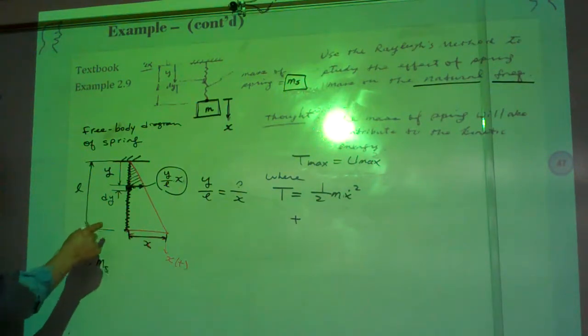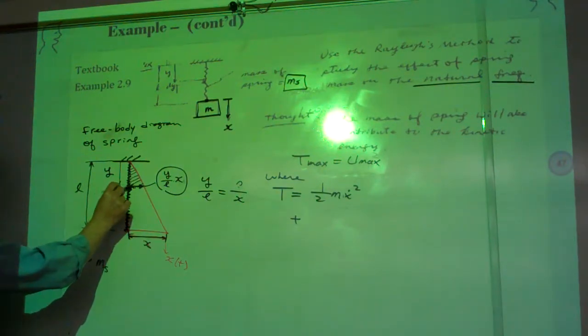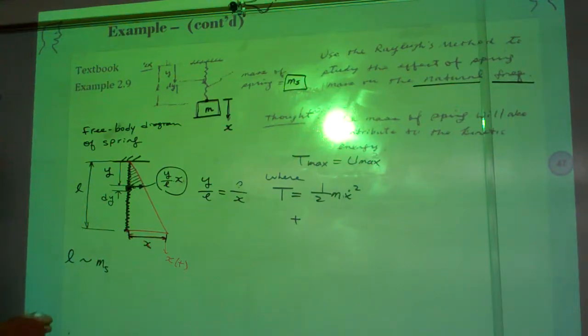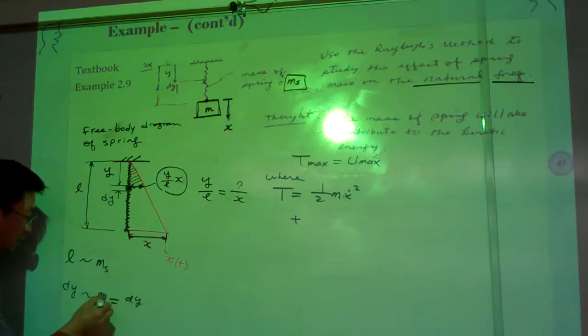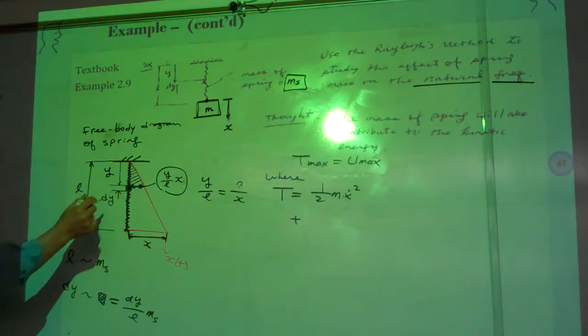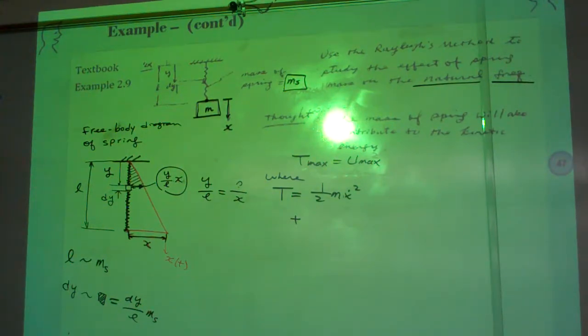So this little mass is the portion dy over L multiplied by ms. So in this way I calculated what this little mass is. You good?